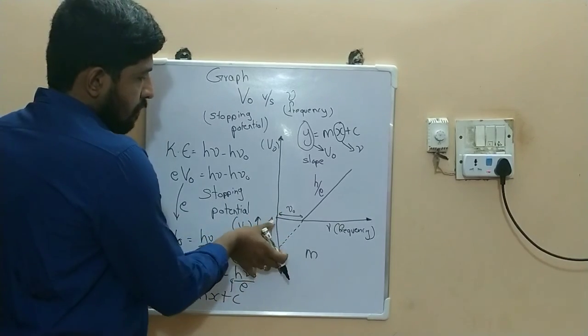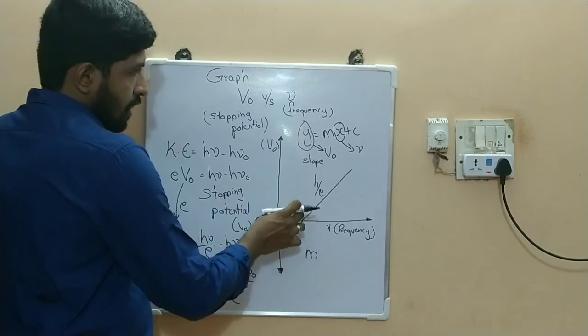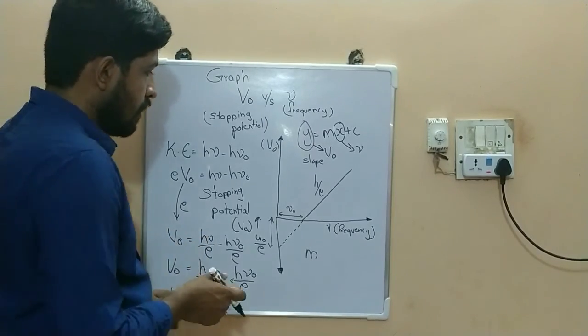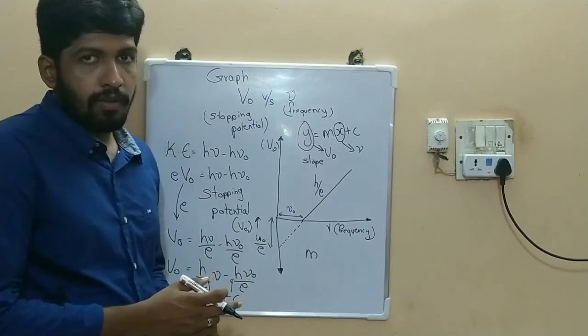So this distance will be W0 divided by e, and this distance, the x-intercept, will be nu 0, which is the threshold frequency. This portion is the y-intercept, equal to W0 divided by e.